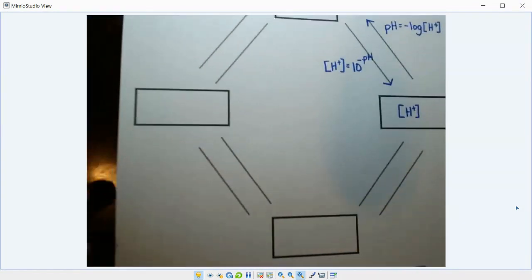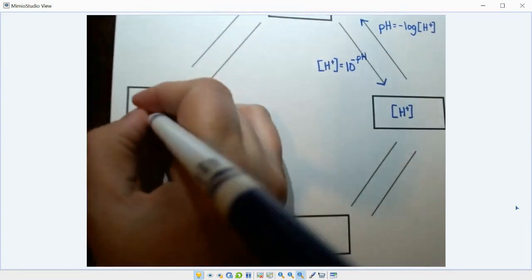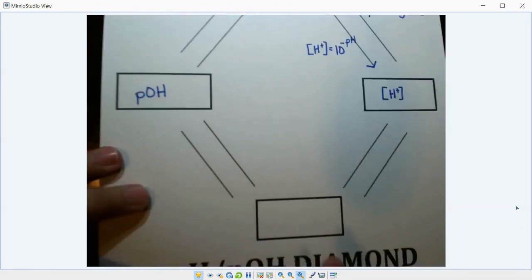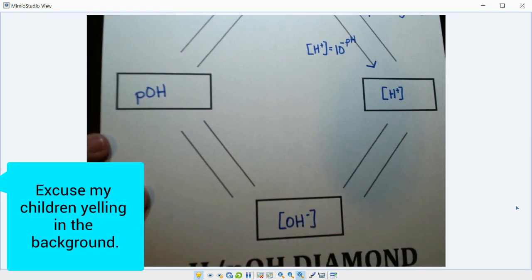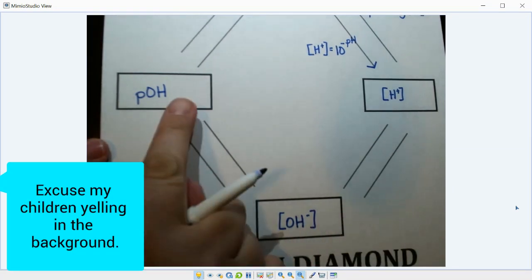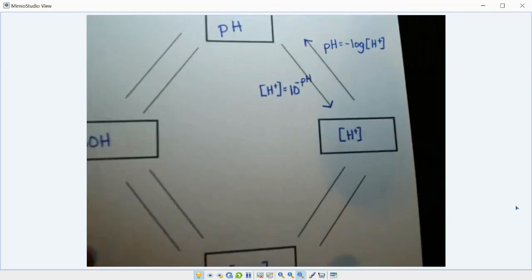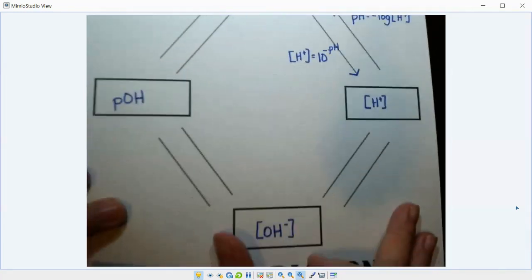On the other side of this diamond, we have something very similar, but it's measuring the power of hydroxide versus the concentration of the hydroxide ion. The math that you use to get between these two things is the same as the math we use to get between these two things.